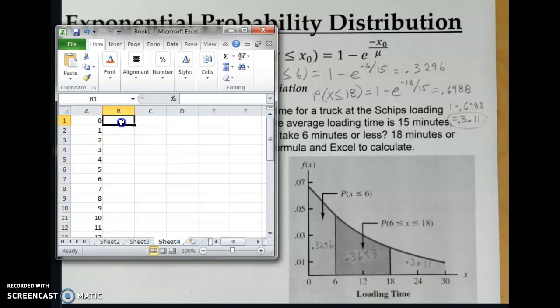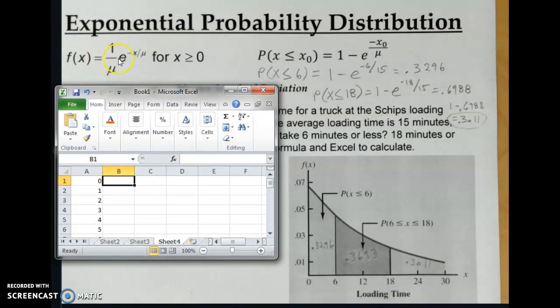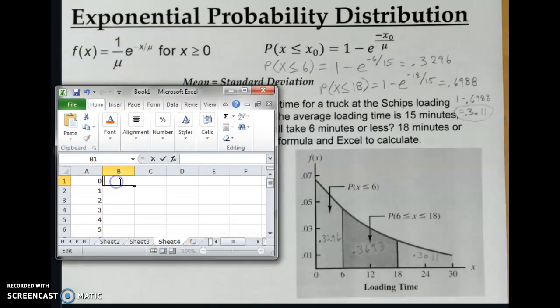Okay. Now we're going to put in the next column our probability density formula, and that's this one right here. So we put equals, parentheses, 1 divided by our mean, which we know to be 15, and then we're going to multiply that by e.